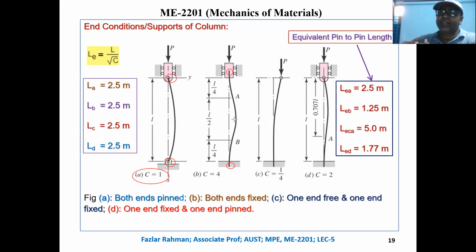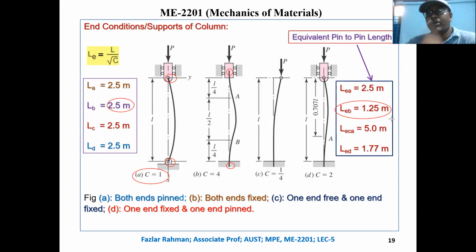Column length shorter means it carries more load. If the column goes bigger, it will carry less load, because you made it bigger, you apply load, it will buckle, right? So in this figure B, all of them have length 2.5. But if you think that this is a pin-to-pin column, then its length will be half, 1.25.